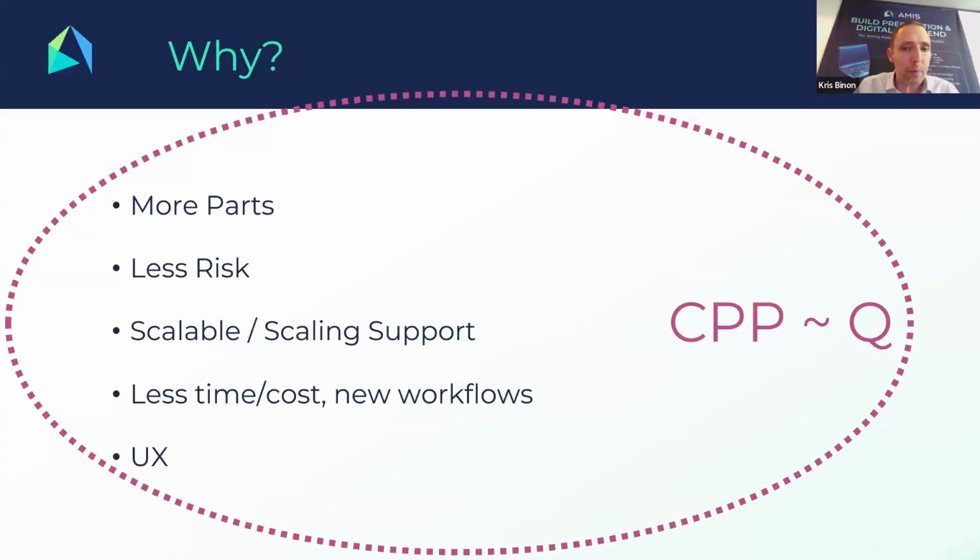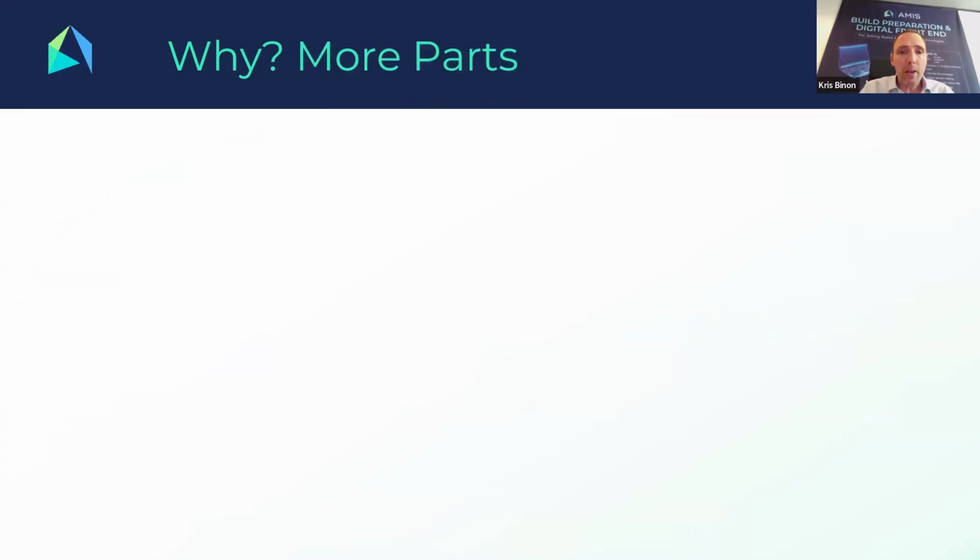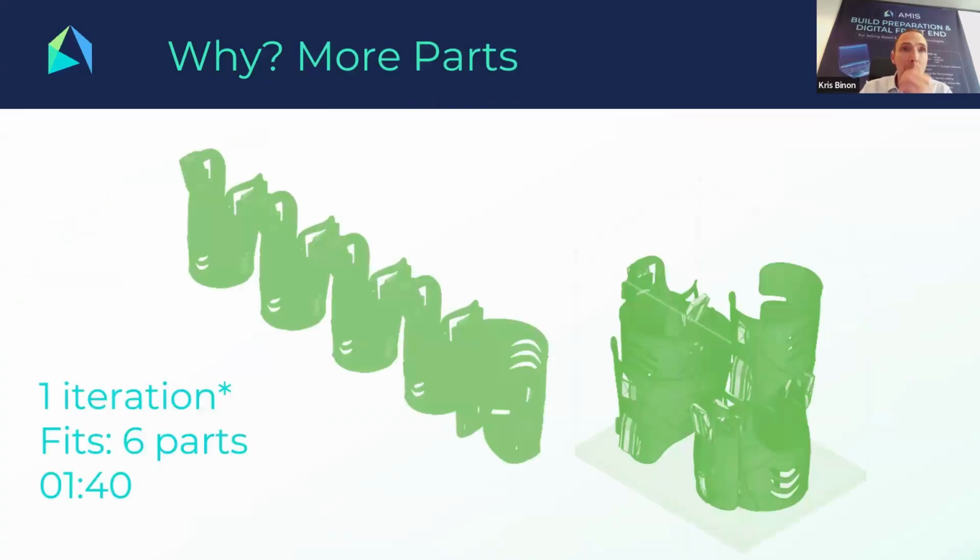So let's look a bit deeper into those reasons why AMIS Pro. First of all, you want to put in more parts, and we did some benchmarking. We did it before, but it's still valid, and the speeds are still there. In some other software, one iteration fits 6 parts, and it takes 1 minute and 40 seconds.